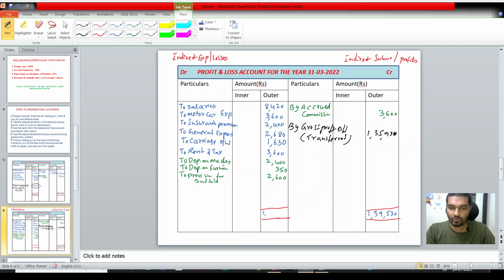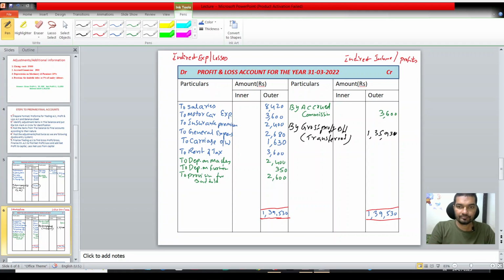The same amount I am entering here. So from this 1,39,530 we need to subtract all these items using the calculator.